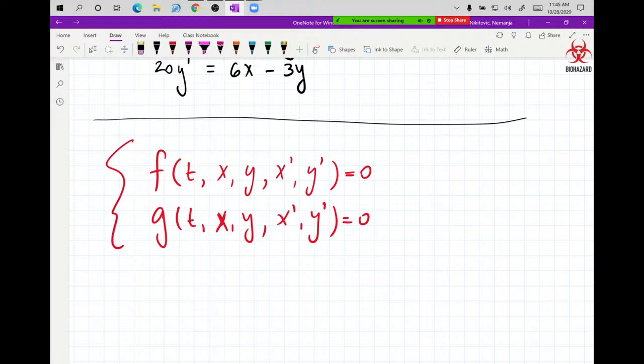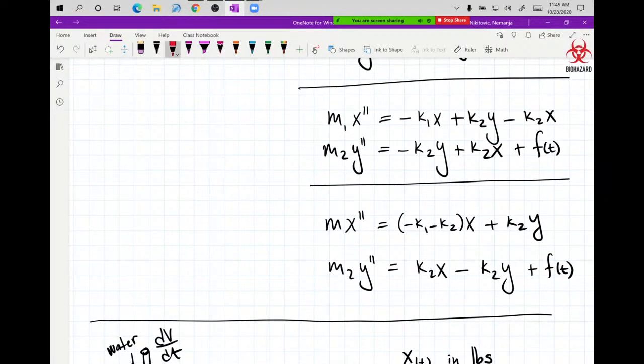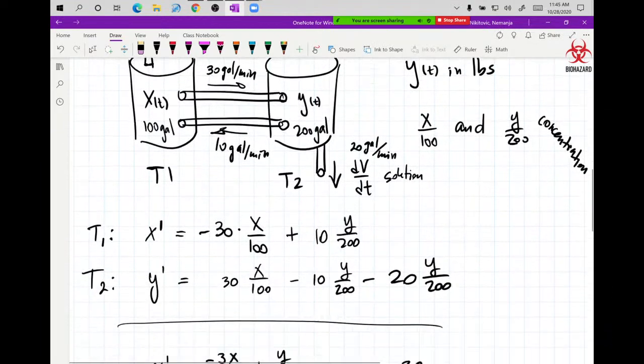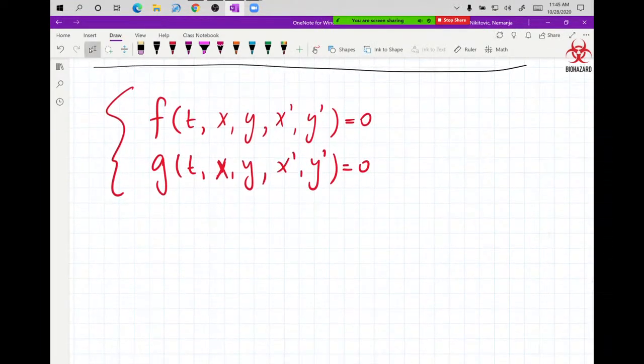Now, if you look at the mechanical system that we had, even though it has the double prime, it had that component of a function of t in there. Again, it's not a first order, it's a second derivative, but still, it was a really cool problem for us to see how to put these equations together.